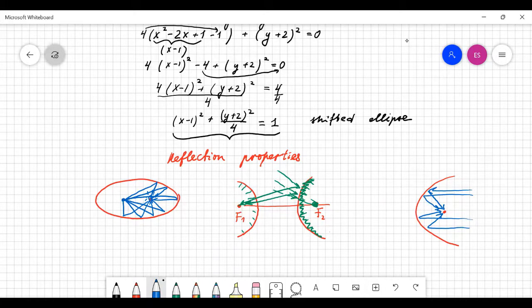Then you can put a mirror in front of this focal point, and it's going to be reflected to somewhere behind the parabola, and that's going to work as a mirror telescope. So not all telescopes are made with lenses. Some of them are made with mirrors, and one example is to use a parabolic mirror to catch light from the stars, right?